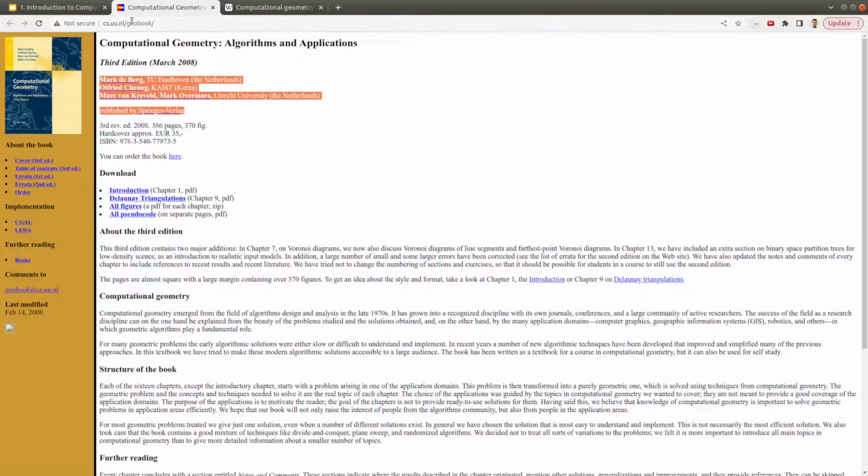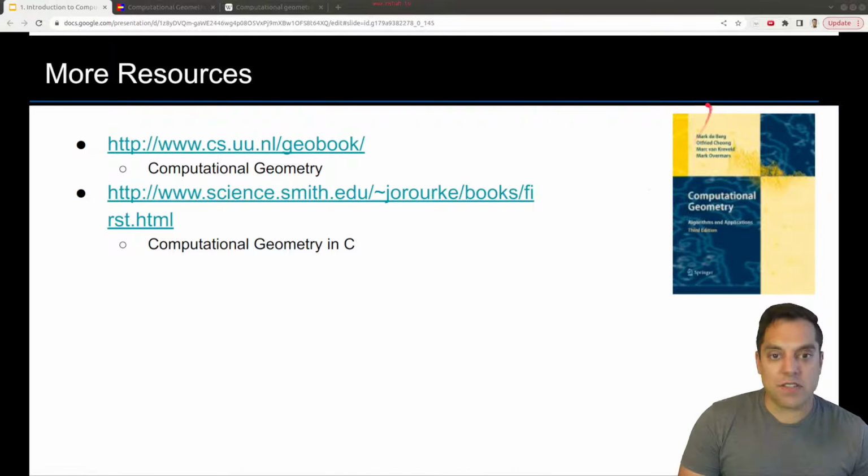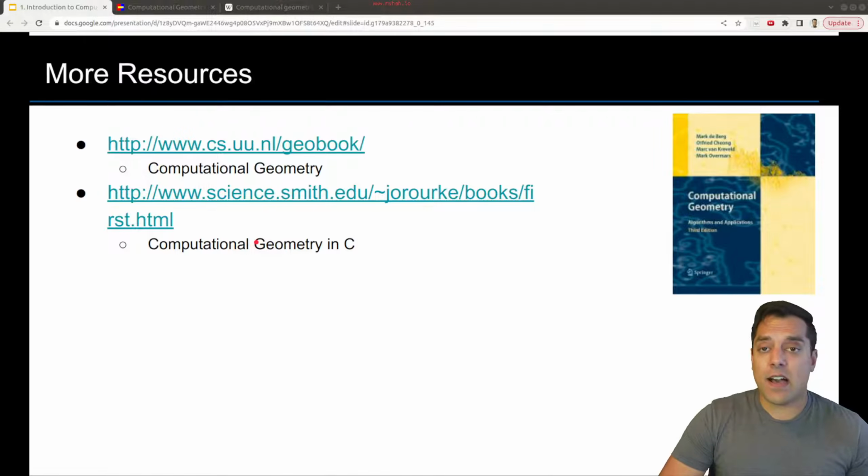This is a nice book that I was given in grad school, and I was told you could just curl up and read it because it's very readable and a fun book to take a look at. So I still have my copy. As well, I have this other copy here, Computational Geometry in C, that has some code for these algorithms, so you can actually take a look at it. That's been a book that's been around for quite a while and it's quite nice to use.